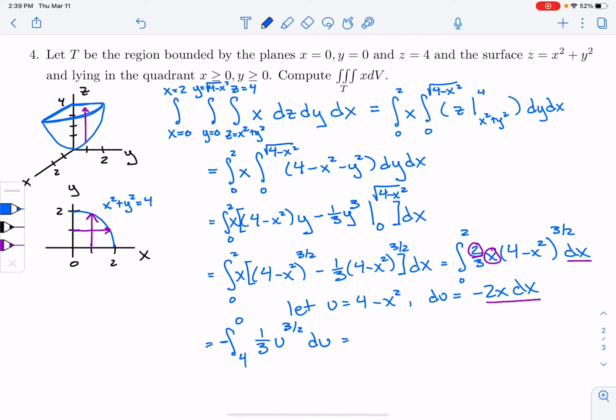This is usually easier if I switch the limits of integration. So this is the integral from 0 to 4 of 1/3 times u to the 3/2 du.